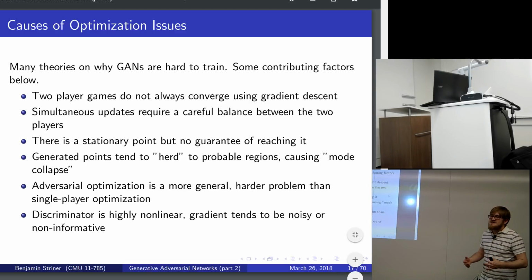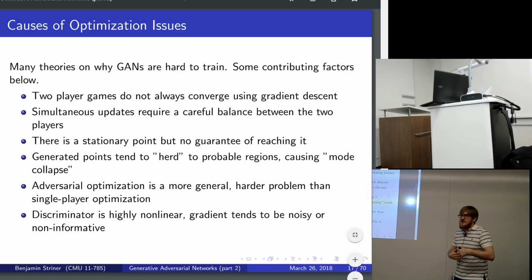So while it does make sense that the discriminator tells the generator what to do, there are many situations where the discriminator is telling it nothing that useful. Why does the gradient tend to be noisy? Because you're putting it through a nonlinear network of 5, 10 layers. You want to increase the number of layers as much as you can because it's deep learning. But as a result, the actual error surface ends up being like that.